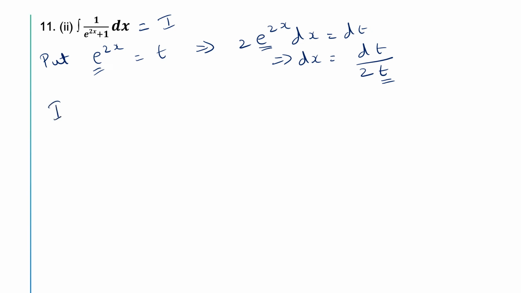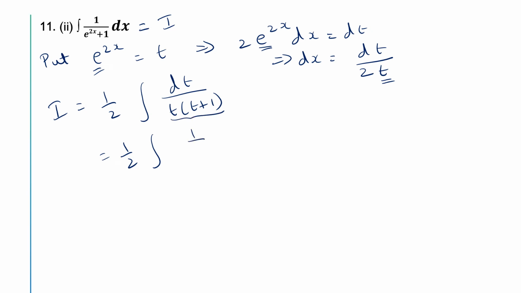So the given integral becomes I is equal to half integral dt upon t into t plus 1. So this is equal to half integral. This 1 by t into t plus 1 we can write as 1 by t minus 1 by t plus 1 into dt.